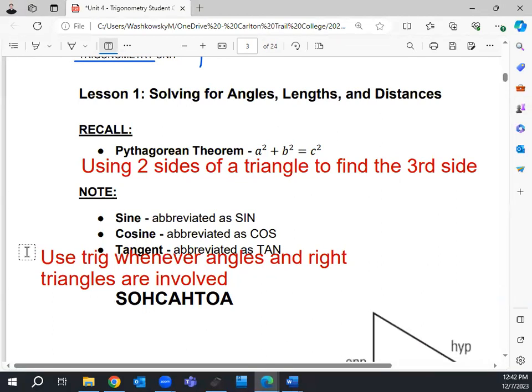So I use Pythagoras when it's only sides of a triangle. I use trigonometry when there's an angle that's involved with it. And so, should I let you write that down?